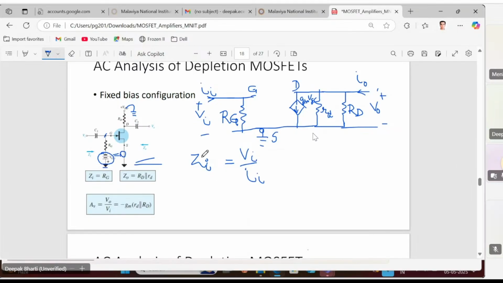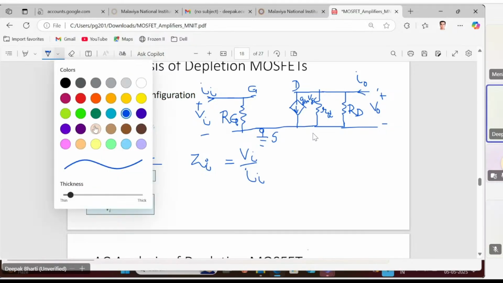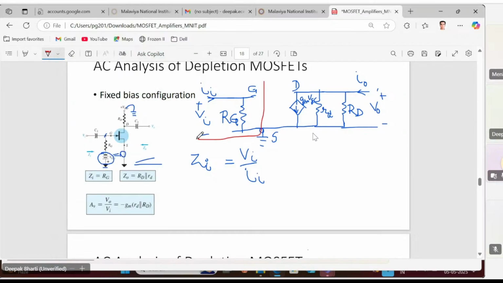So ZI by definition is the ratio of input voltage to input current. If you see this on the input side, what will be the ratio of VI and II? VI will be equal to II into RG. So this I can simply write as RG.